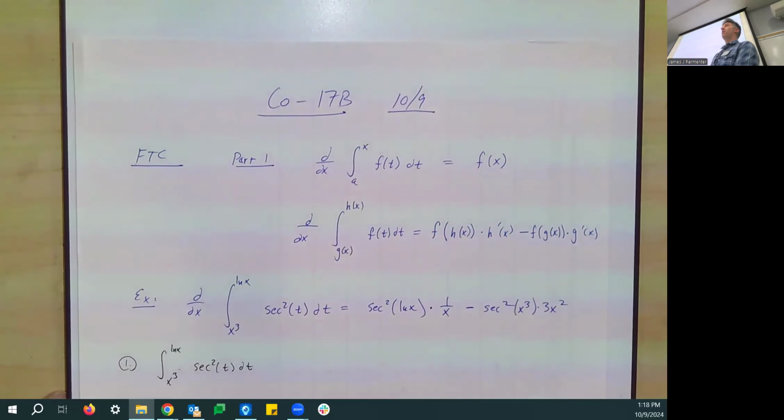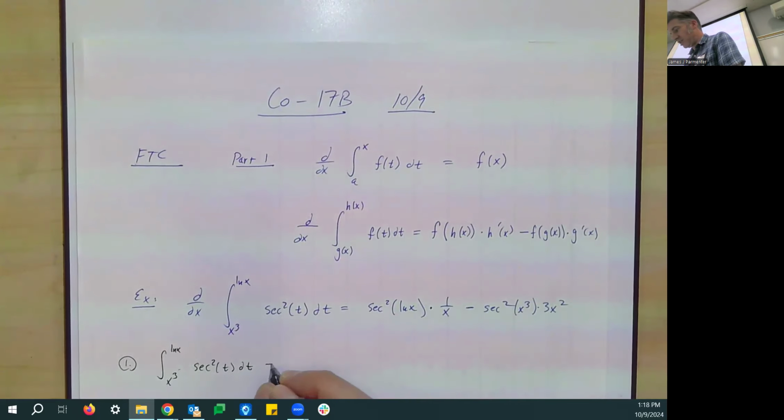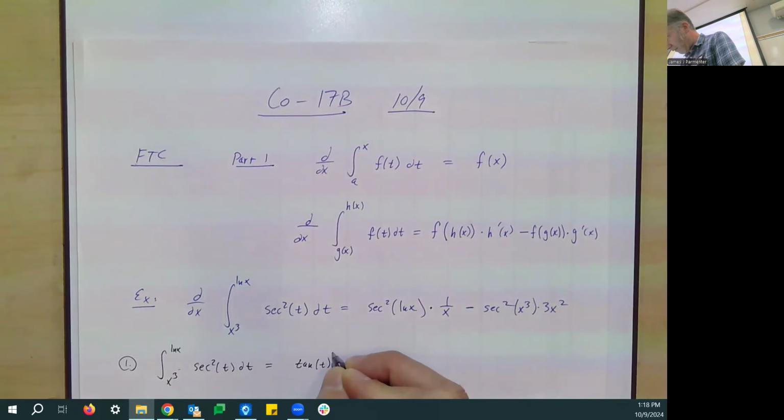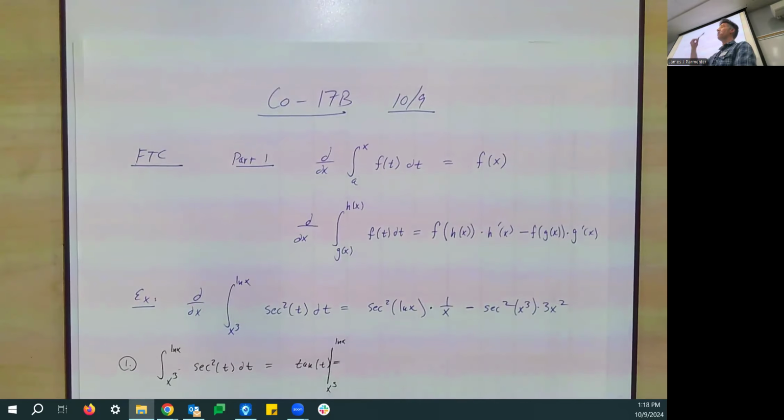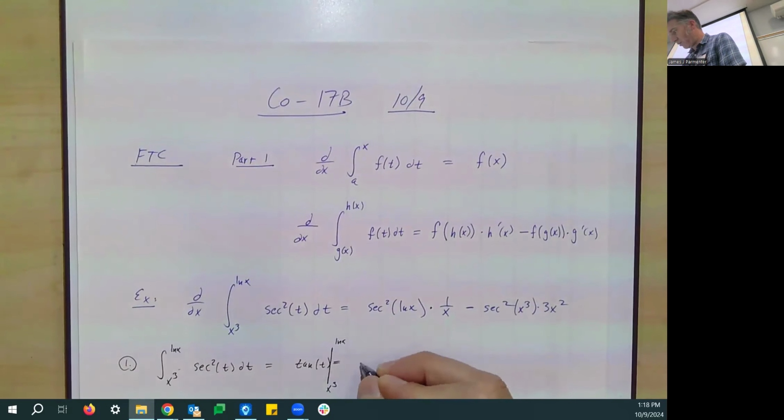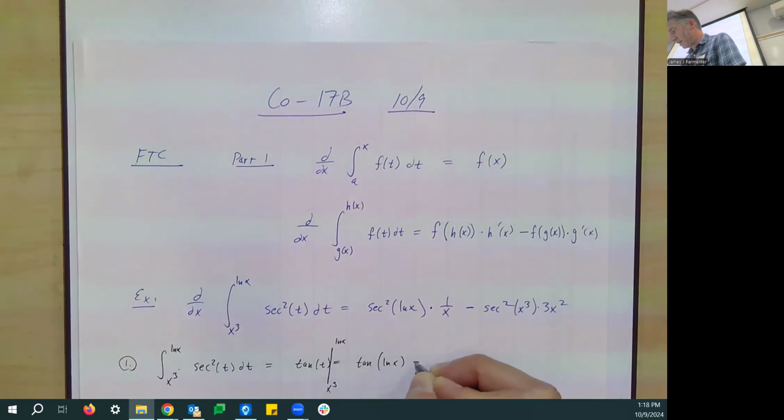Well, if you look at that little chart I just handed out, the antiderivative of secant squared is tangent of t. So we get tangent of t, evaluated from x cubed to natural log of x. It's always from the bottom to the top. And then we plug in the top first. It's tangent of natural log of x minus tangent of x cubed.